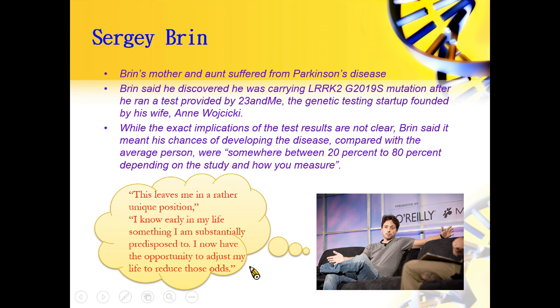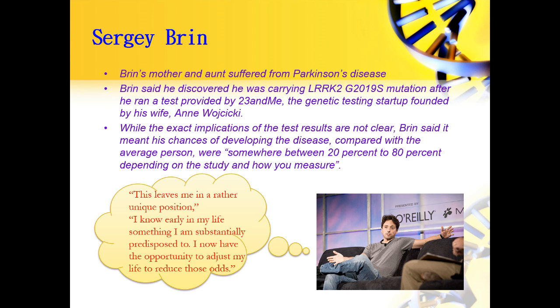The story started from Brin's mother and aunt suffering from Parkinson's disease, suggestive of a genetic link. Sergey Brin said he discovered he was carrying the LRRK2 G2019S mutation after he ran a test provided by 23andMe, the genetic testing startup founded by his wife, Anne Wojcicki.